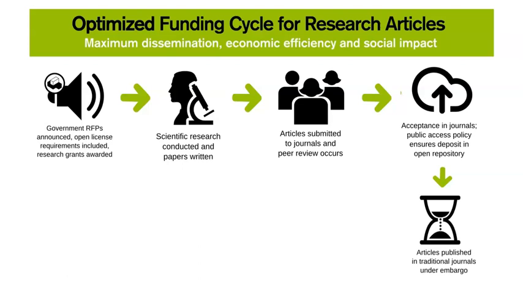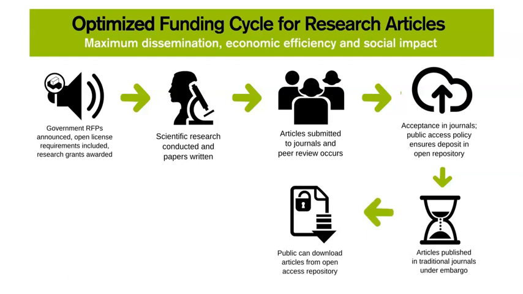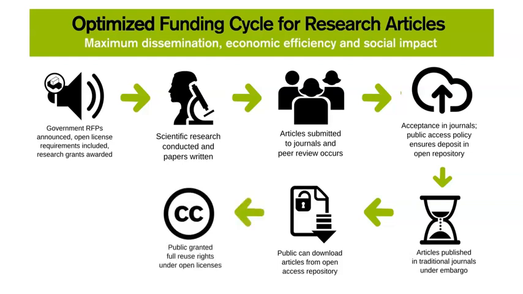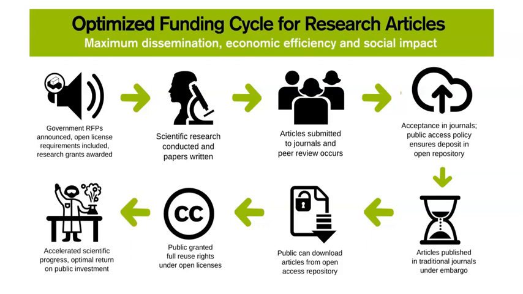So while their article is waiting to be published through the journal, the public can immediately access it through the repository for free. If the article was published with an open license, the public is even able to retain, remix, and share the article as the license allows. Finally, we have sped up the scientific progress and ensured that research remains a public good.